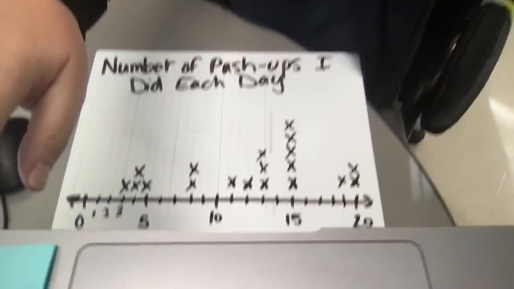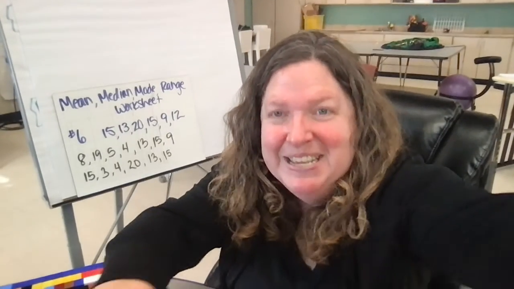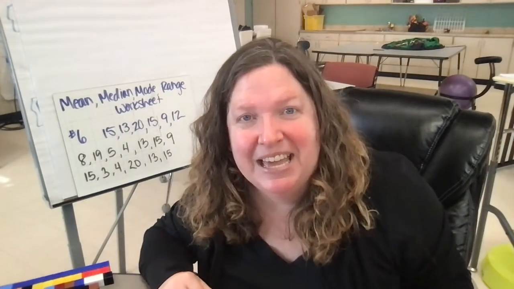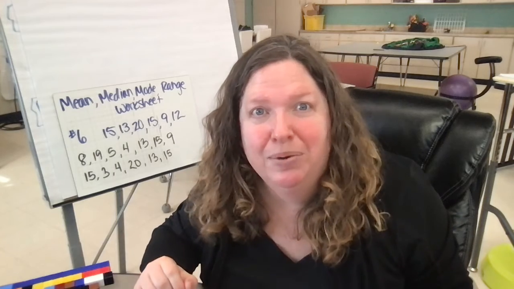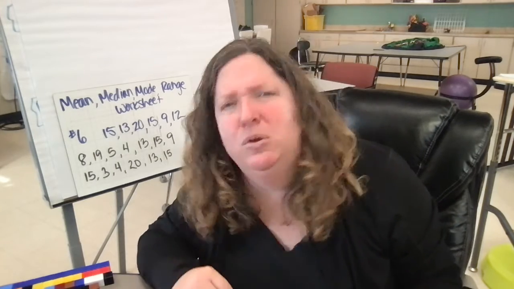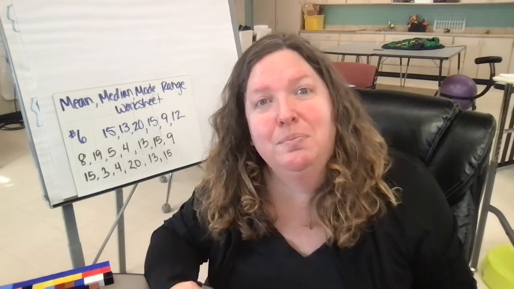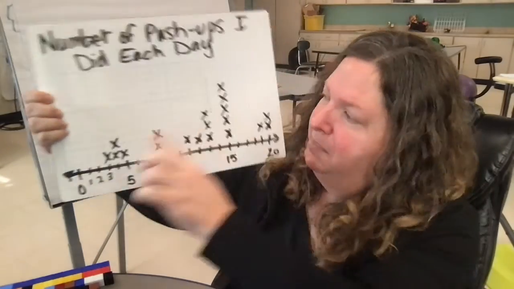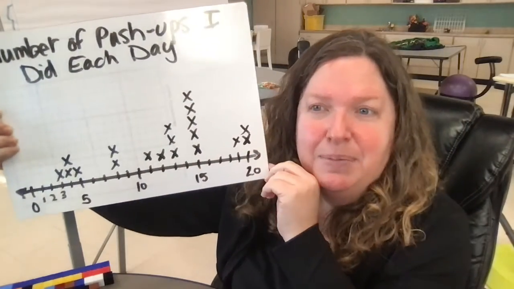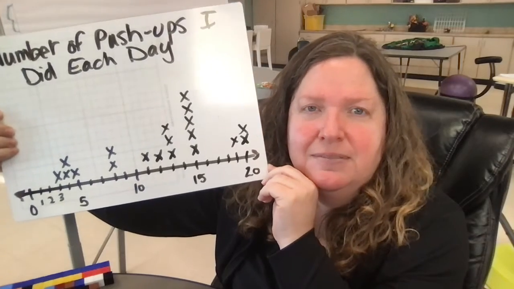Now, the cool thing about this is when you have it plotted like that, there's an easy way to talk about which number you mostly do. If someone said, okay, but mostly how many push-ups do you do, you might use the number that has the most in the dot plot. You might say, I mostly do 15.